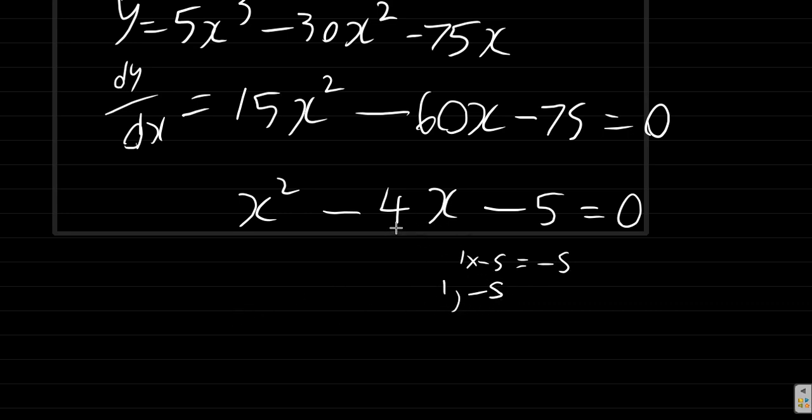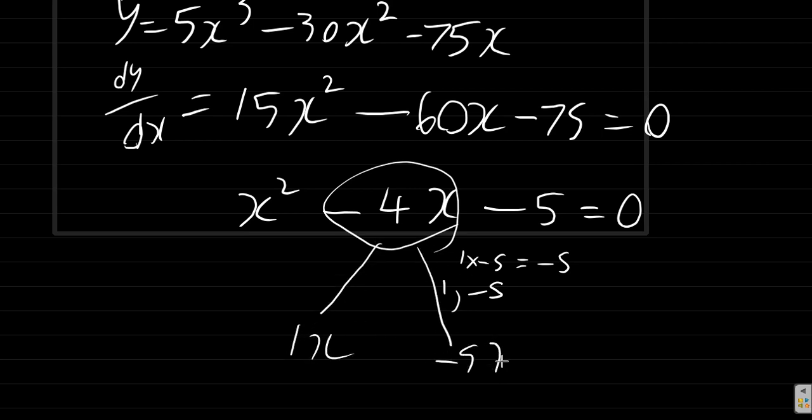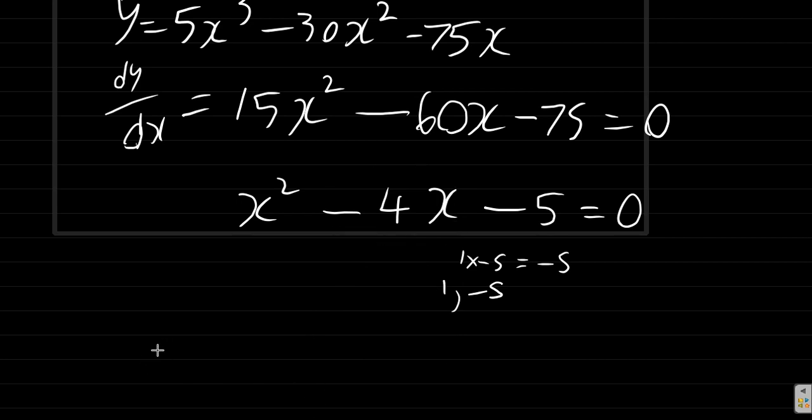So you're going to split the negative 4x into 1x and negative 5x. It doesn't matter which one you put where. You could have put the negative 5x here and the plus 1x here if you want. No problem. But let us do that and see how it works out.